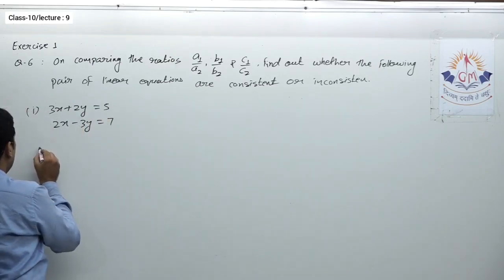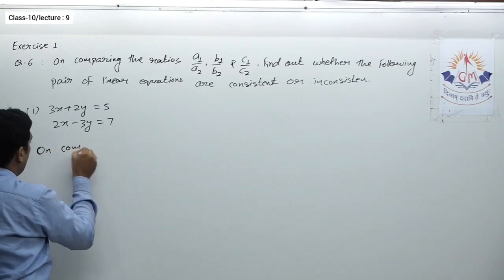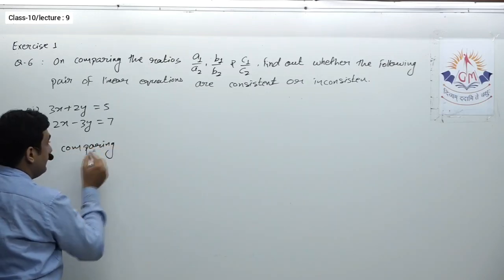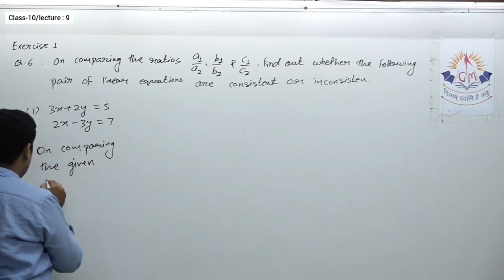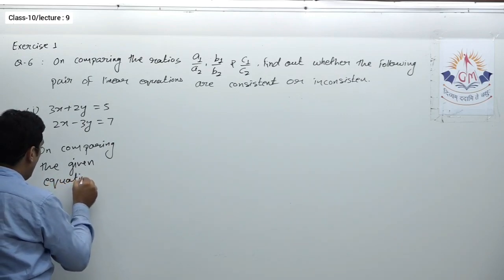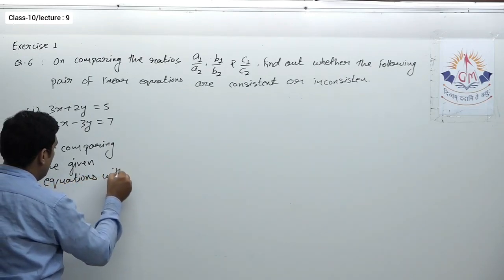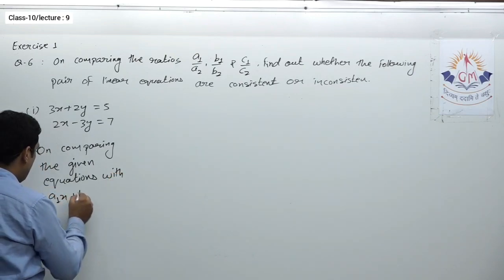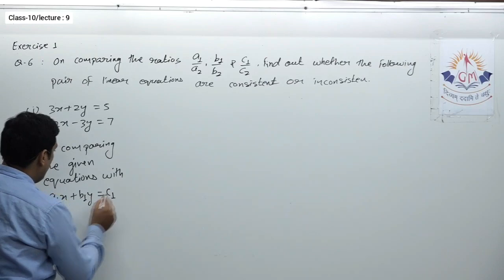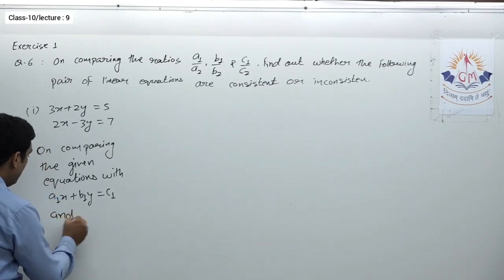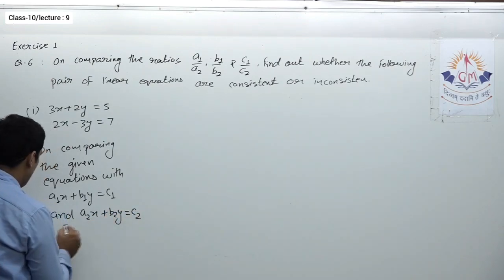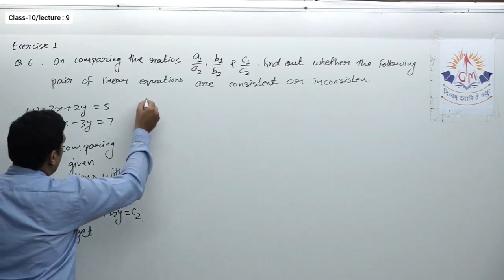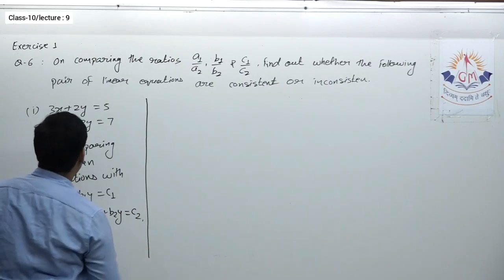So here we can write, on comparing the given equations with a1x plus b1y is equal to c1 and a2x plus b2y is equal to c2, we get the values of a1, b1, c1 and a2, b2, c2.